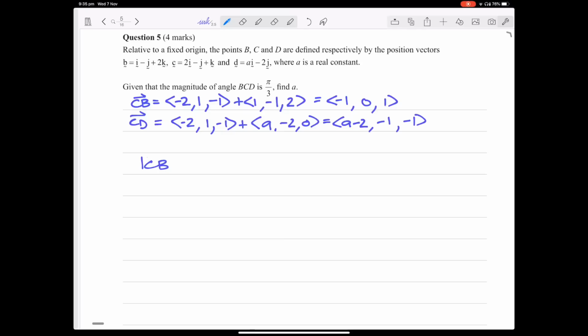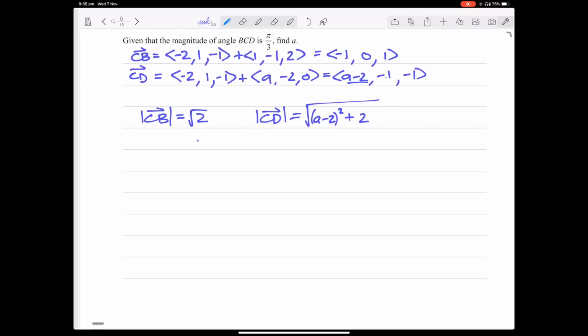Okay, the length of CB is going to be 1 squared, 1 squared, it's going to be root 2. The length of CD is going to be the square root of a minus 2 squared, and then plus 1 plus 1, so plus 2. Now we know cos of pi on 3 is equal to CB dot CD on mod CB mod CD.